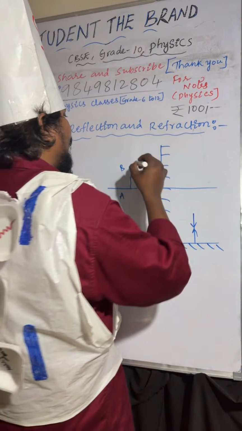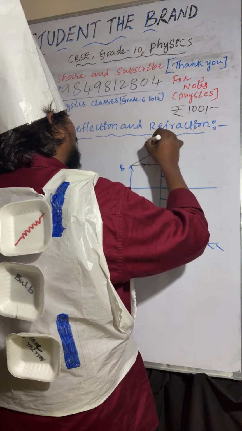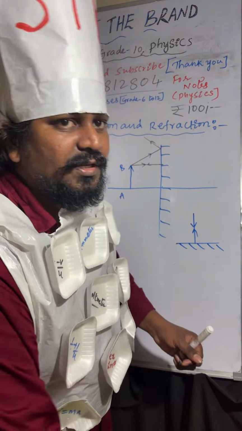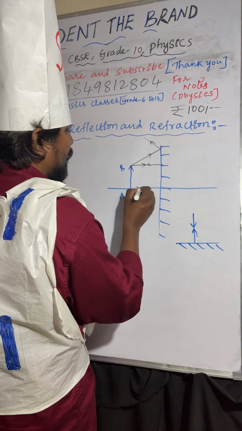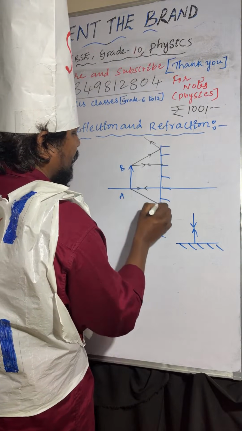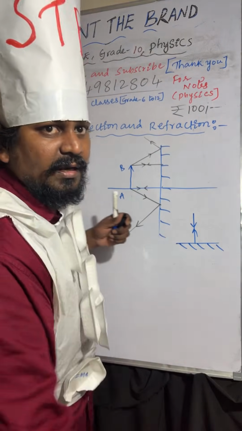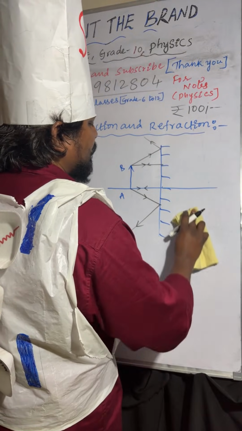Another light ray is incident here, so it will be reflected back. Okay. So next one you can observe here. This is one more object and image. One more I am taking like this. So this will be reflected back. Now you can check here.